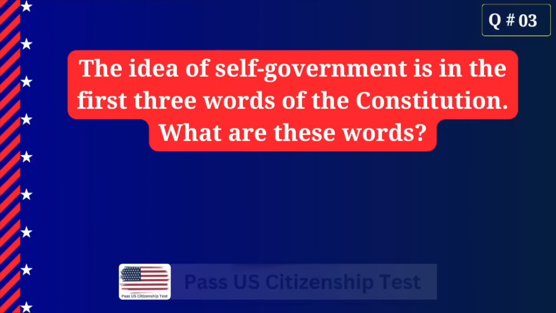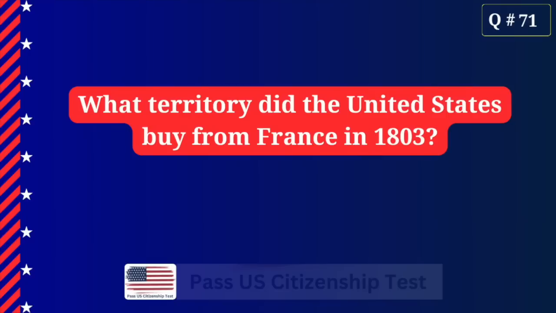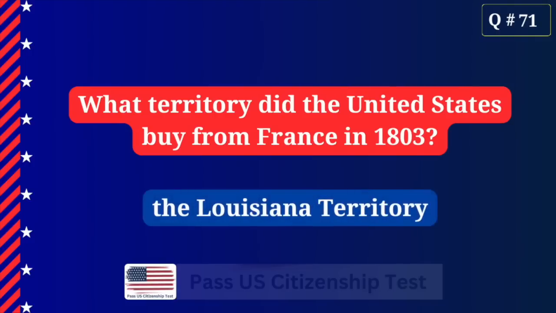What are these words? We the people. What territory did the United States buy from France in 1803? The Louisiana Territory.